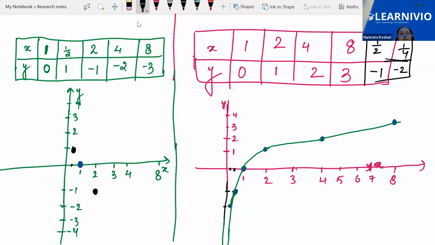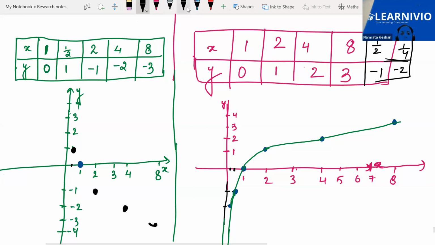When x is 4, y is negative 2, here. This is just a rough sketch, because I have not maintained the same distance between 0 to 1, 1 to 2, 2 to 3, 3 to 4. When x is 8, y is negative 3. So briefly we are getting the idea.